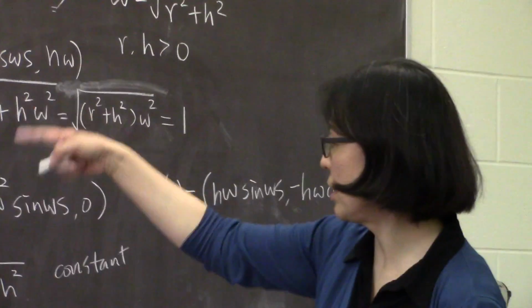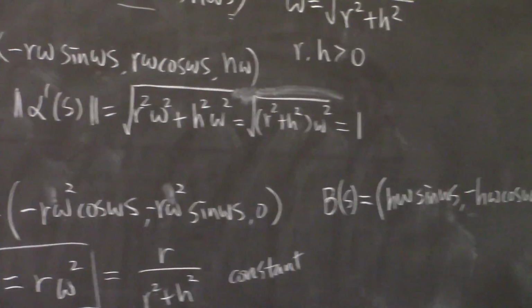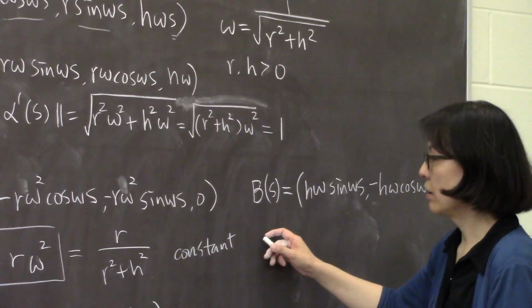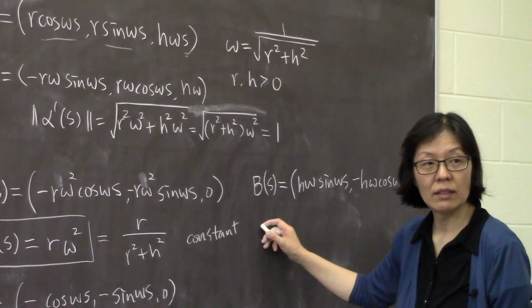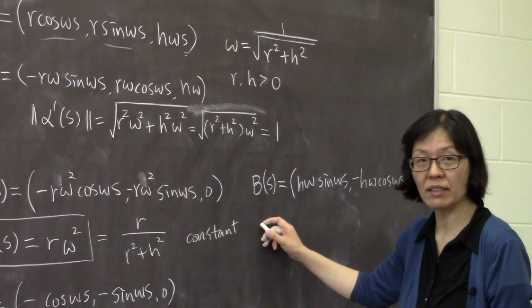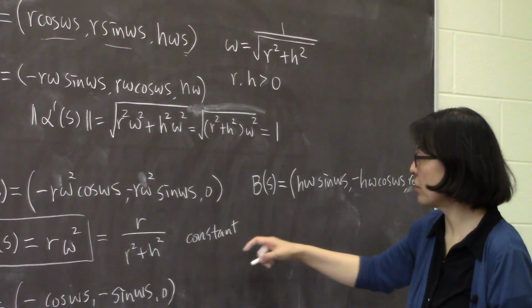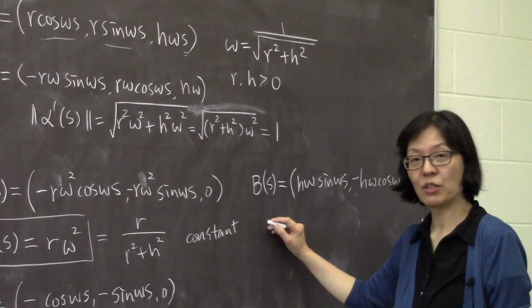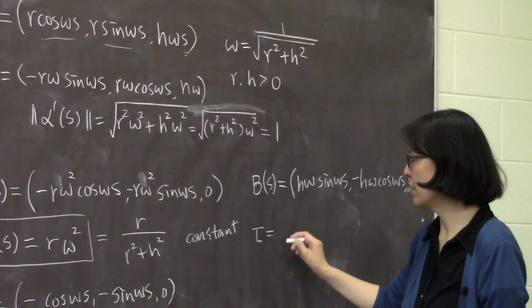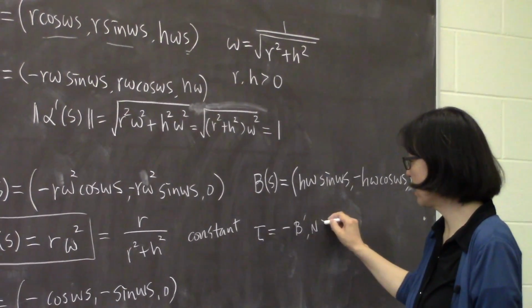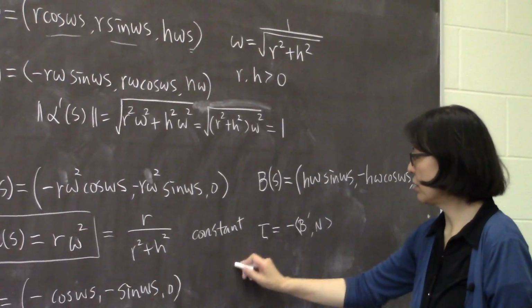Taking the cross product of T and N, right? So, what do we need next then? We have T and B, we have curvature, and what is missing? Torsion. Torsion is the minus of the dot product of B prime and N. So we need B prime.